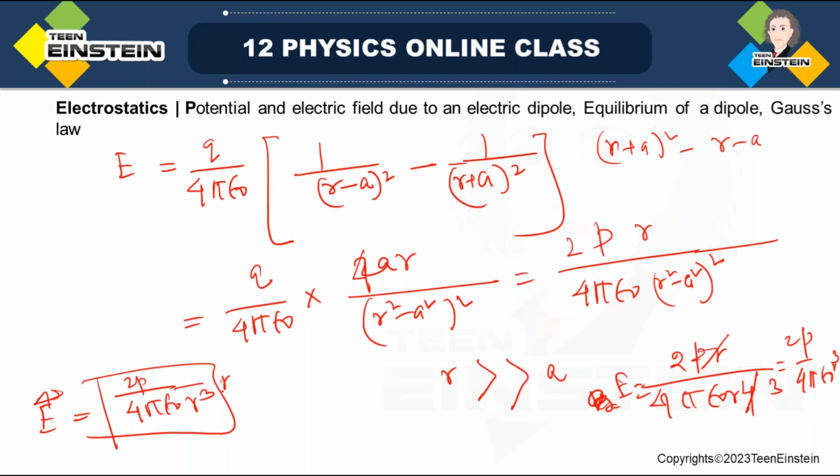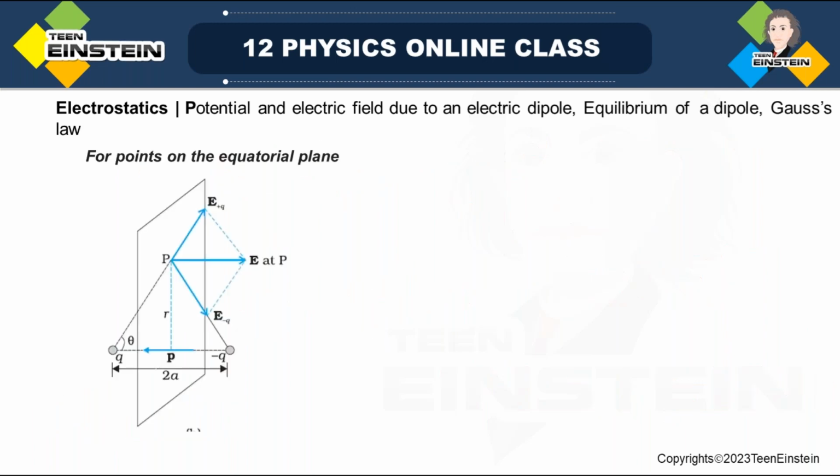Now we'll see the electric field calculated at any point, the electric field due to a point charge at any point on the equatorial plane. I have already discussed what the equatorial plane is.